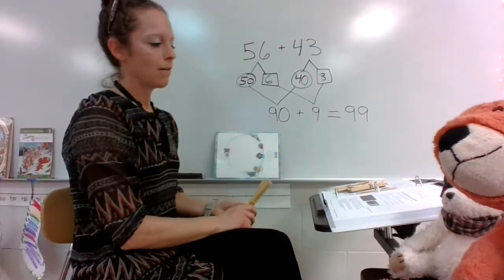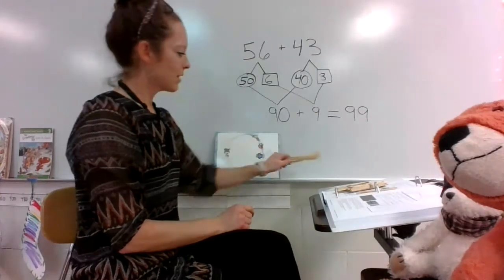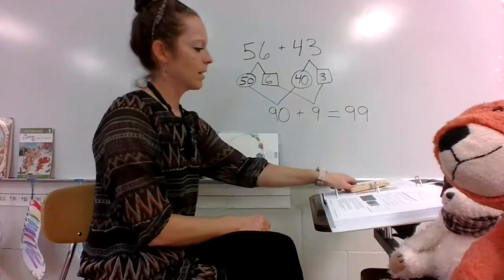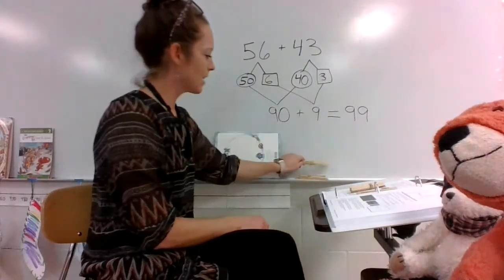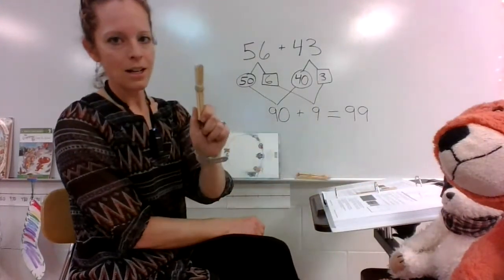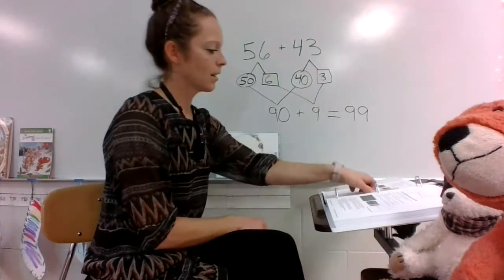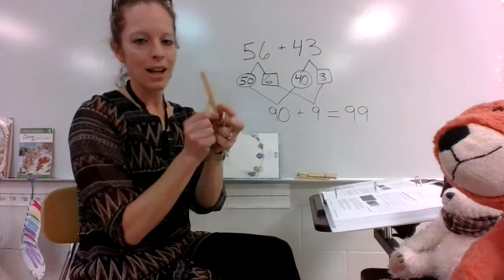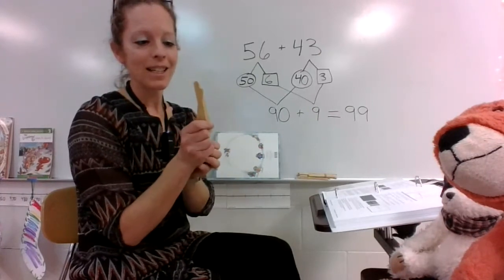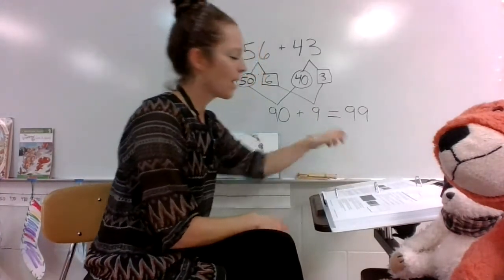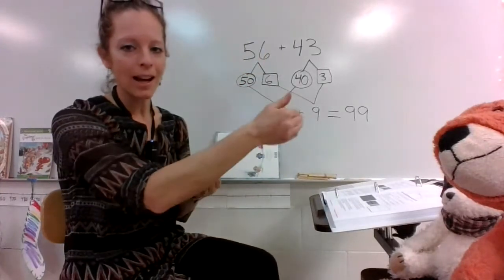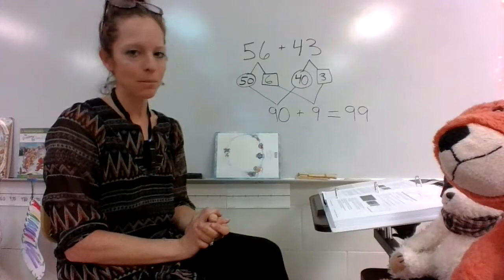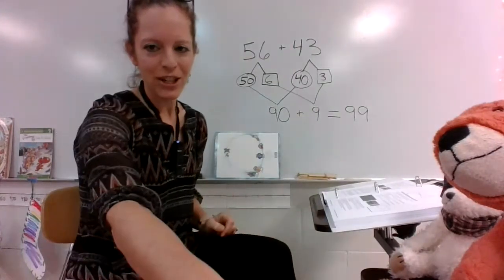Count with me. 56, 66, 76, 86, 96, now my 1s, 96, 97, 98, 99. That is where that open number line of using the skips and the jumps will come in handy. I got the same number using that strategy.